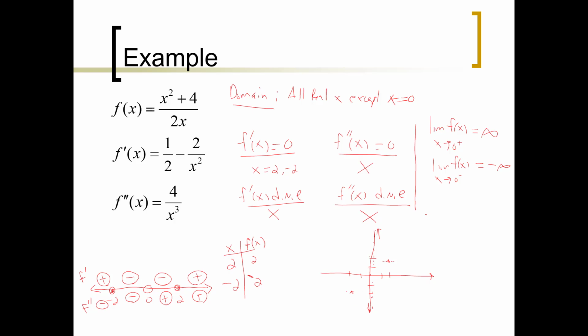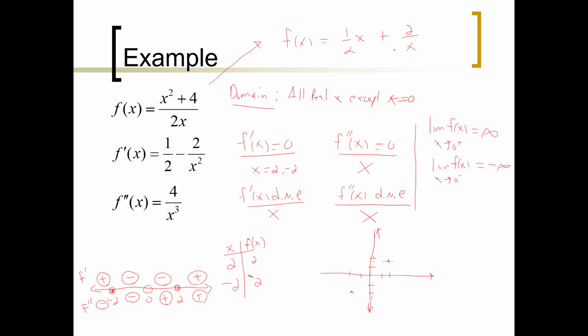Next, you might wonder, is there a horizontal asymptote? If you take the limit of this expression as x gets large, that limit is infinite. So there is no horizontal asymptote for this rational function. But as a neat extra, you can rewrite that function using long division as 1/2 times x plus 2 over x.